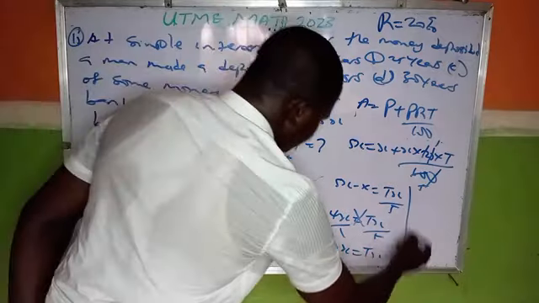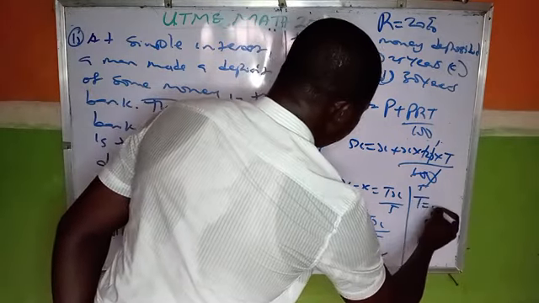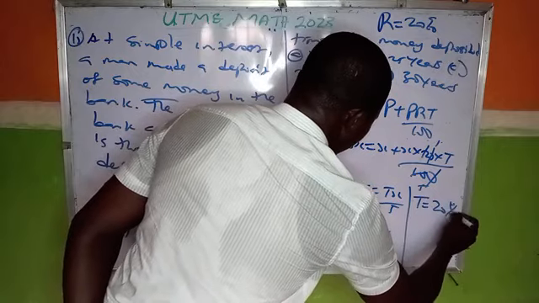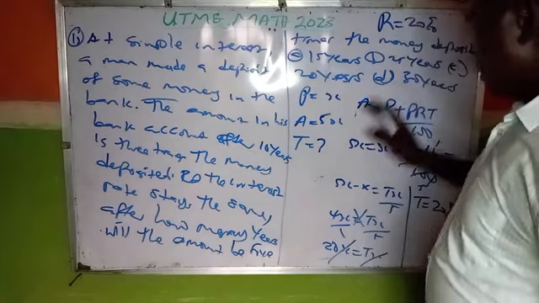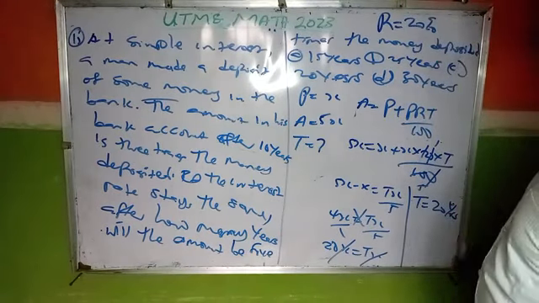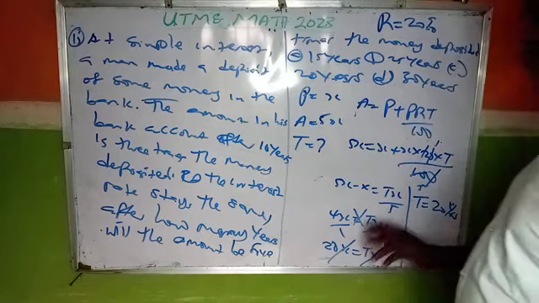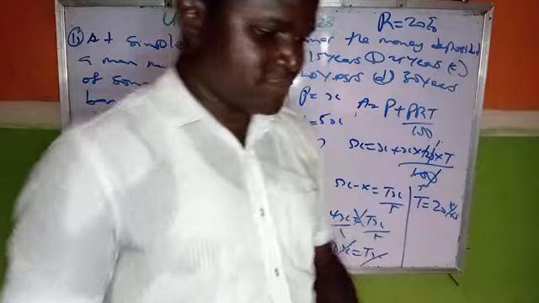So here, this x cancels this x. So t will give you 20 years. So after 20 years, the amount will be 5 times the principal deposited.